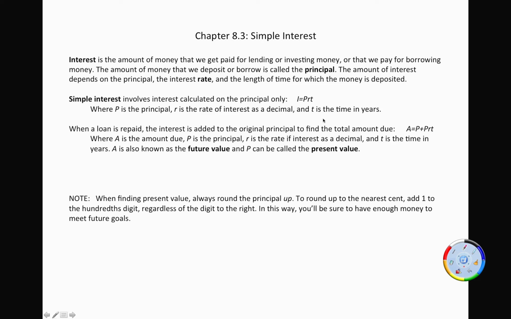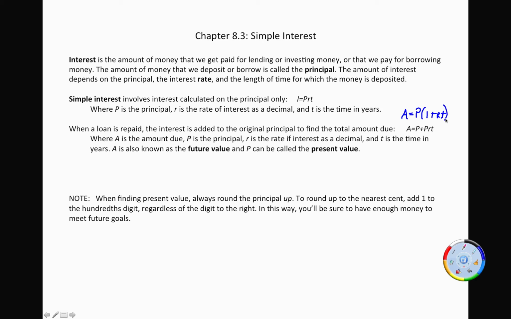When a loan is repaid, the interest is added to the original principal to find the total amount due. And so that formula looks like this. You'll also see that we can factor that P out, and that formula can also be written like this.